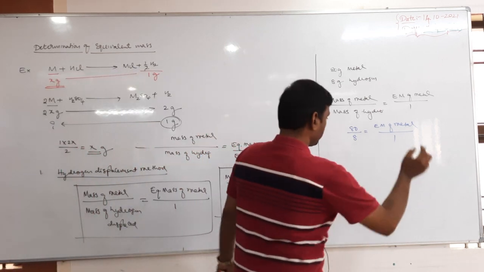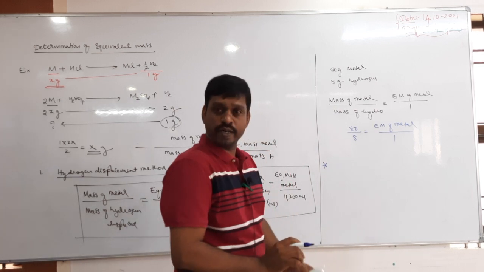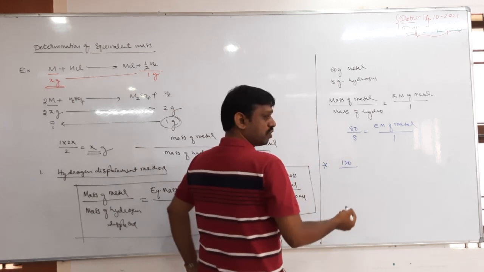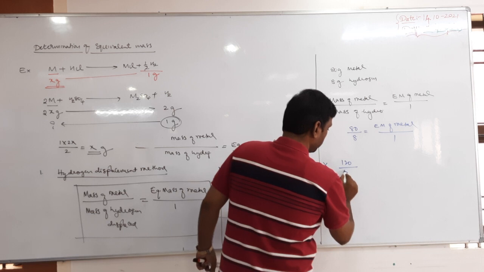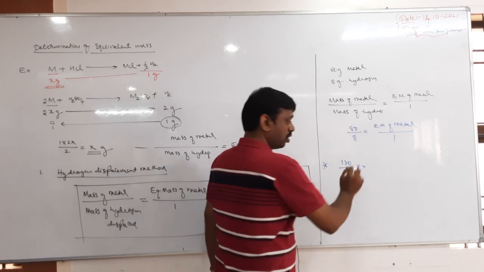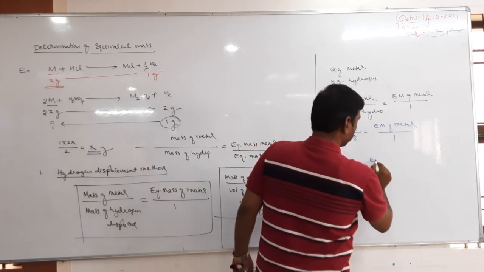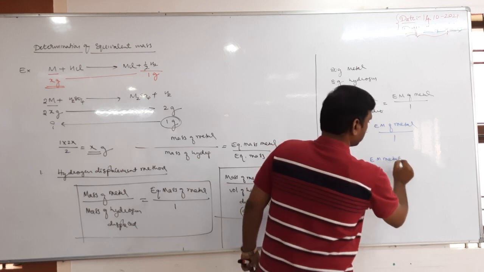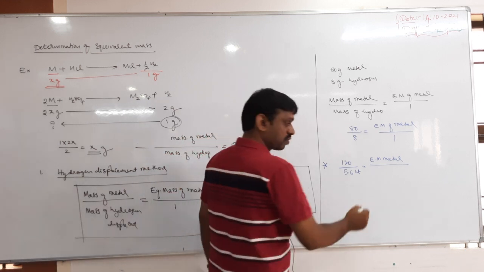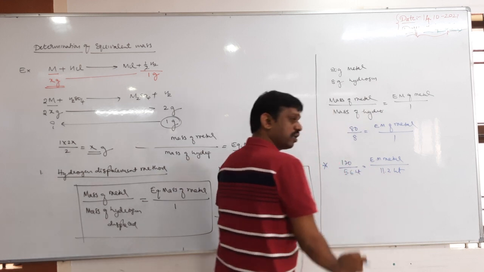Tell me. So here, 120 grams of metal, no? Mass of the metal is 120 grams by the volume of hydrogen liberated, 5.6 liters, which equals the equivalent mass of metal, which we have to calculate, divided by the equivalent volume of hydrogen, 11.2 liters, because here it is given in liters, no?